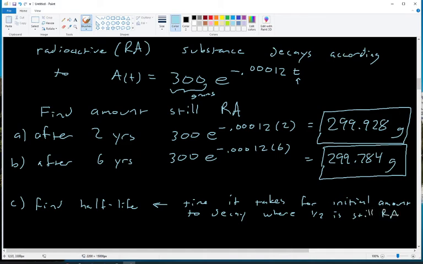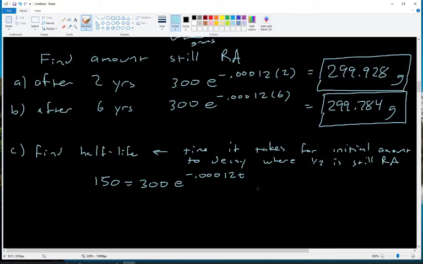All right, so what we want to do is half of 300 is 150. So we're going to replace the amount still radioactive with 150. And we're going to figure out the time, which would be in years. How many years does that take for that to occur?